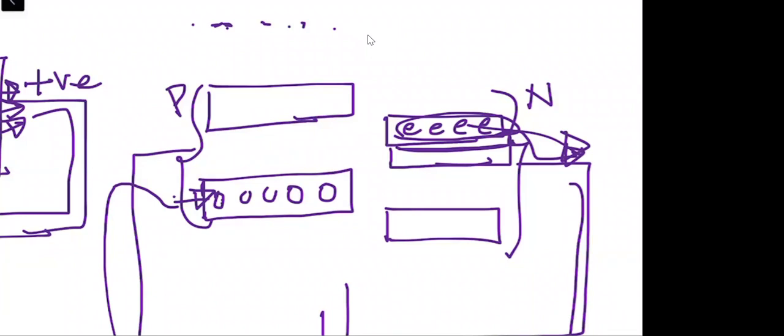So this means the electrons will be moving from one hole into another hole, right? Like this. And eventually the holes seem to be moving away from the junction, right?